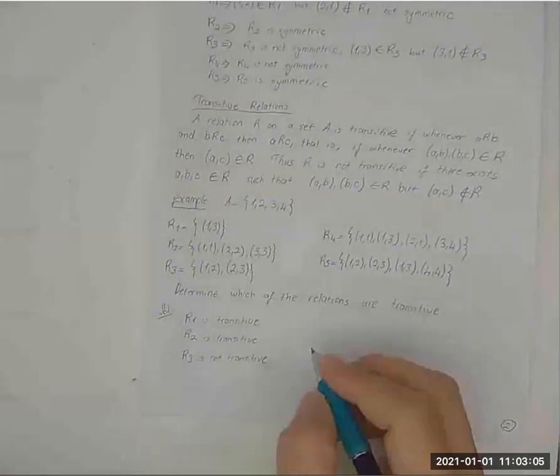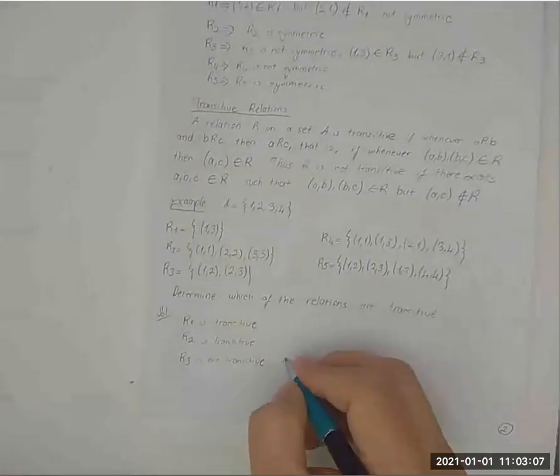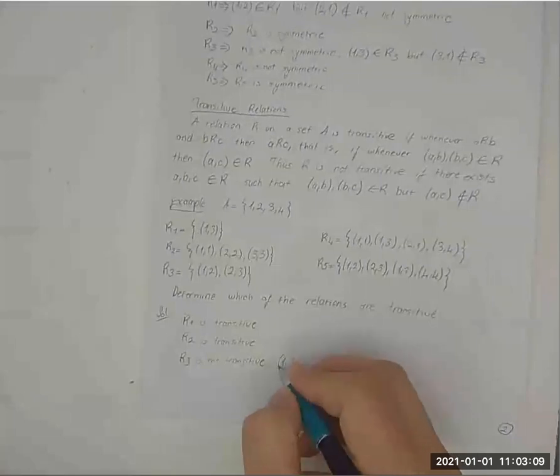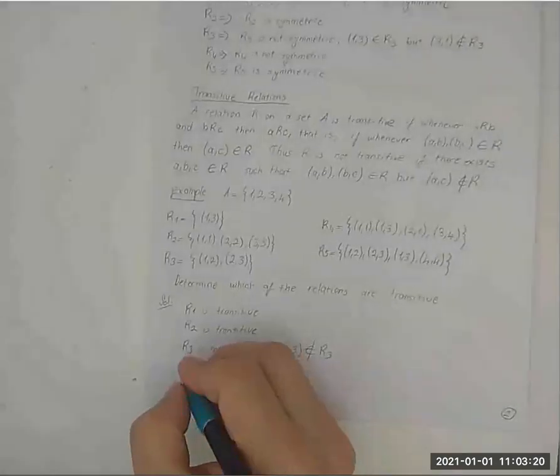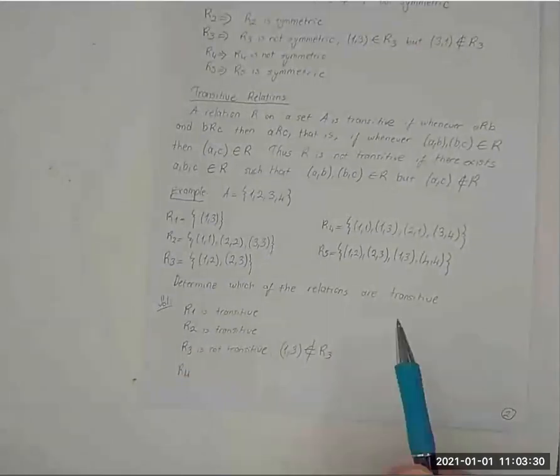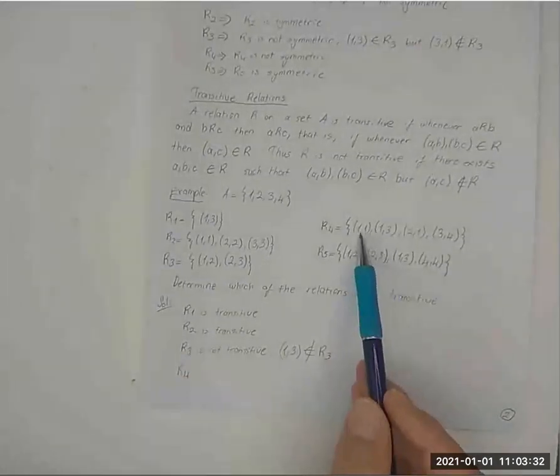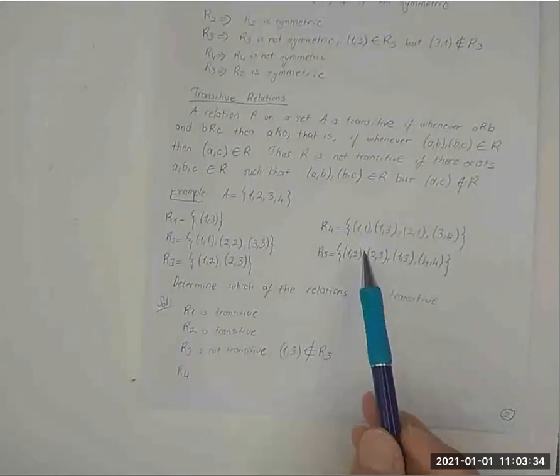Is there any (1,3)? No, it is not transitive. (1,3) is not a member of R3.